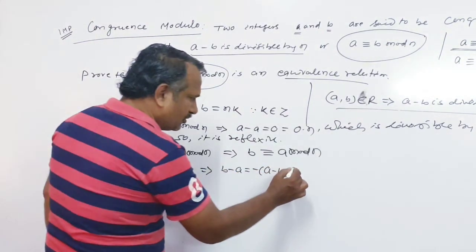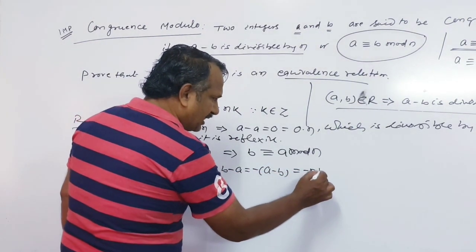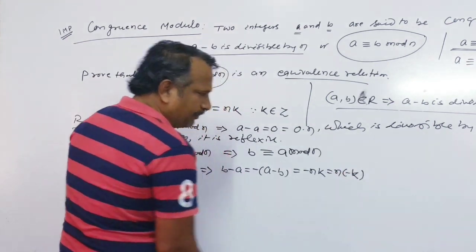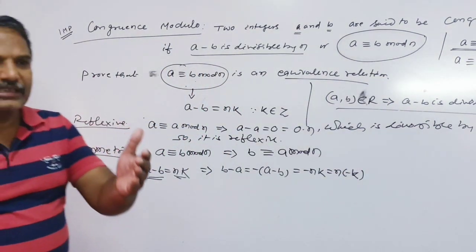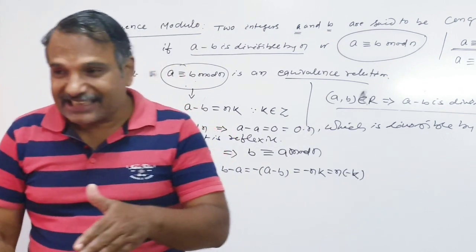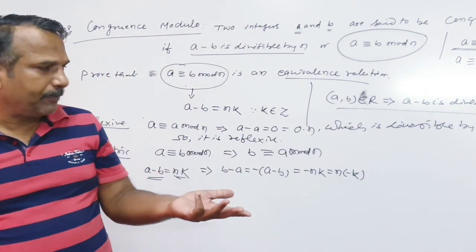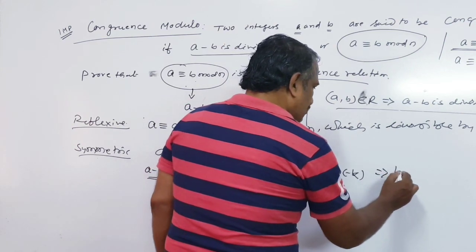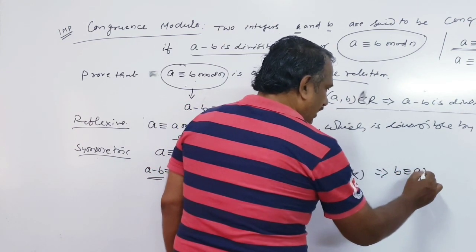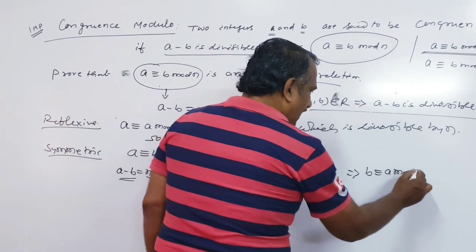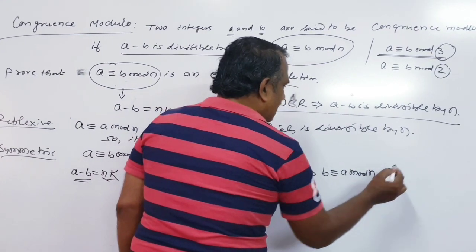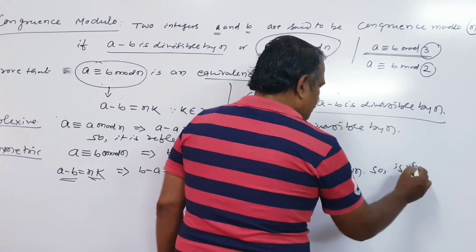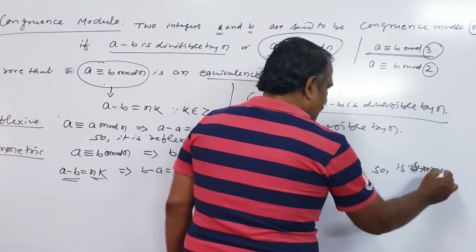Substitute minus n into k, or n into minus k. 6 is divisible by 2, and minus 6 is also divisible by 2. So b is congruent to a mod n. So the relation is symmetric.